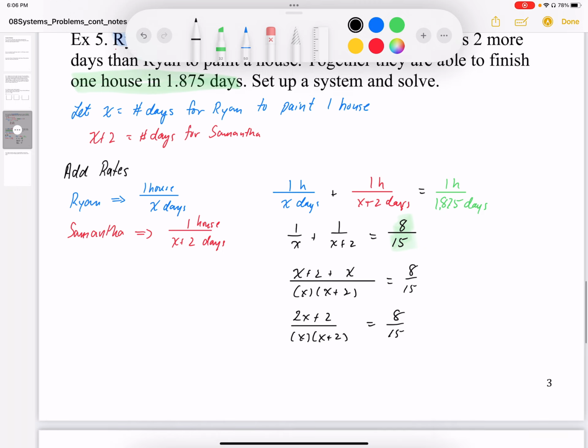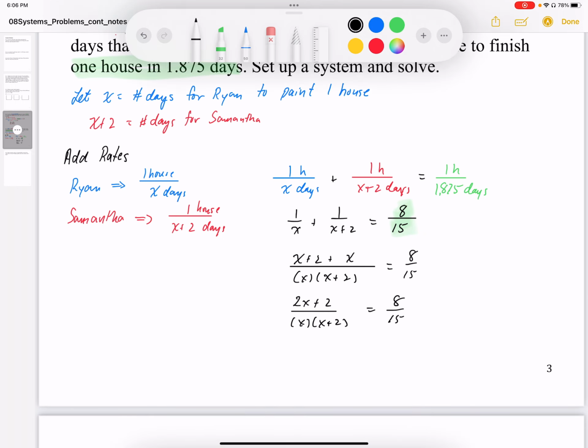Now I can just cross multiply. Now before I cross multiply, I'm just going to simplify this fraction here, maybe down here: x plus 1 over, I'm going to multiply this out, x squared plus 2x, and that's equal to 4 over 15.